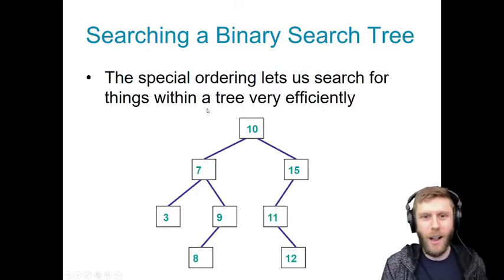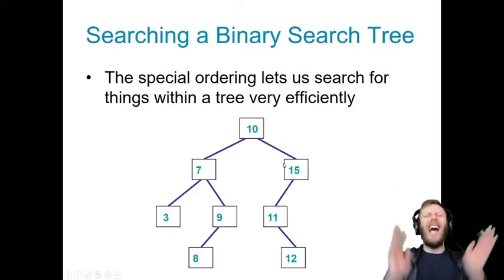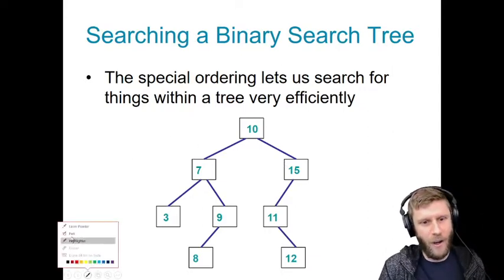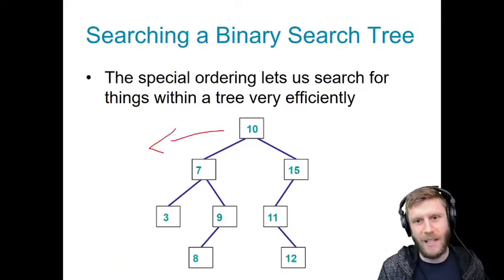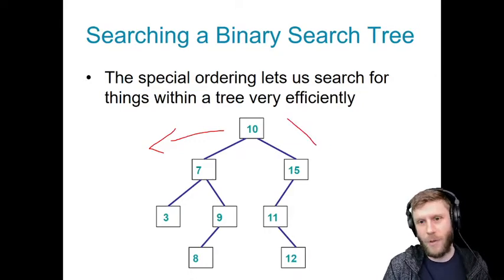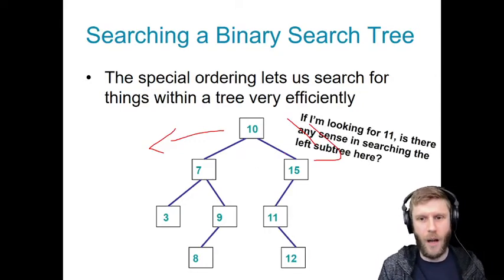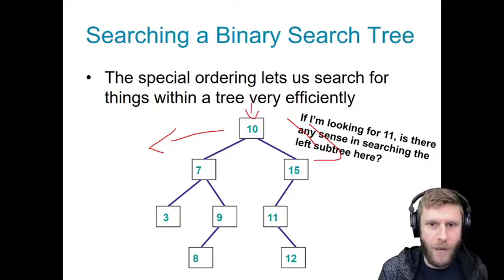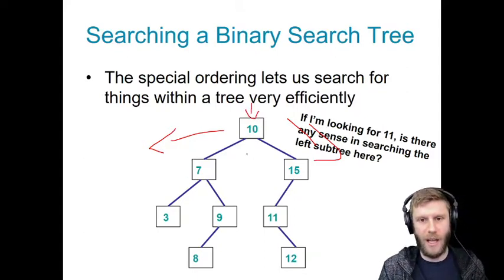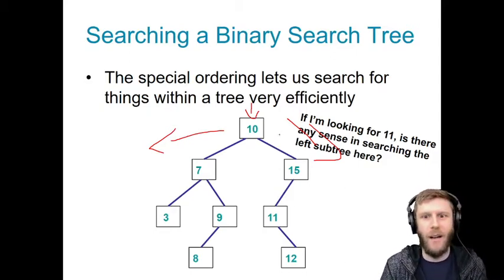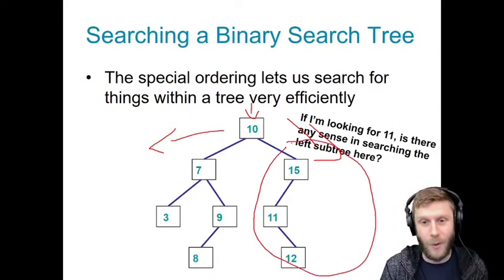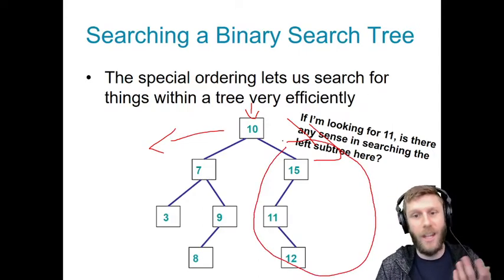Because if I know all the numbers on the left side are going to be less than 10, and all the numbers over here are greater than 10, and I'm looking for 11, which child should I go to, the left or the right? We'll go to the right, because 11's bigger than 10. So it's obviously in the right subtree if all the numbers in the right subtree are greater than 10.